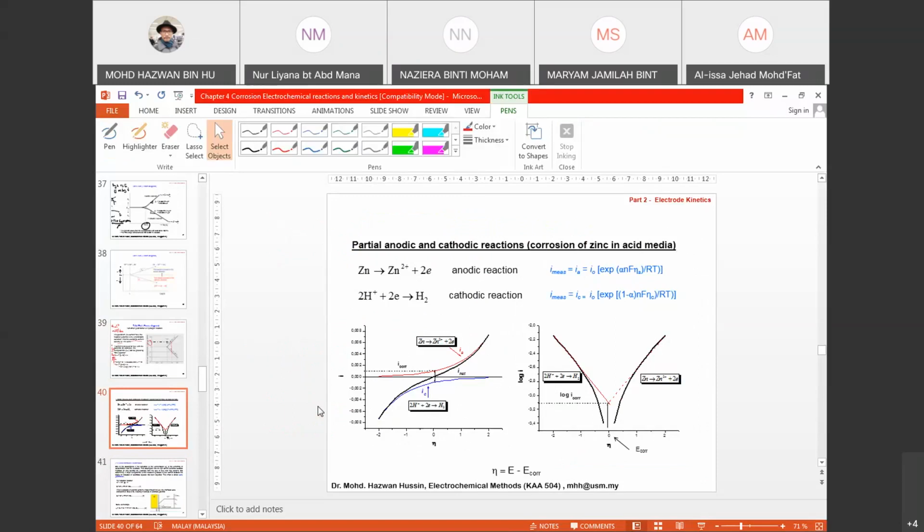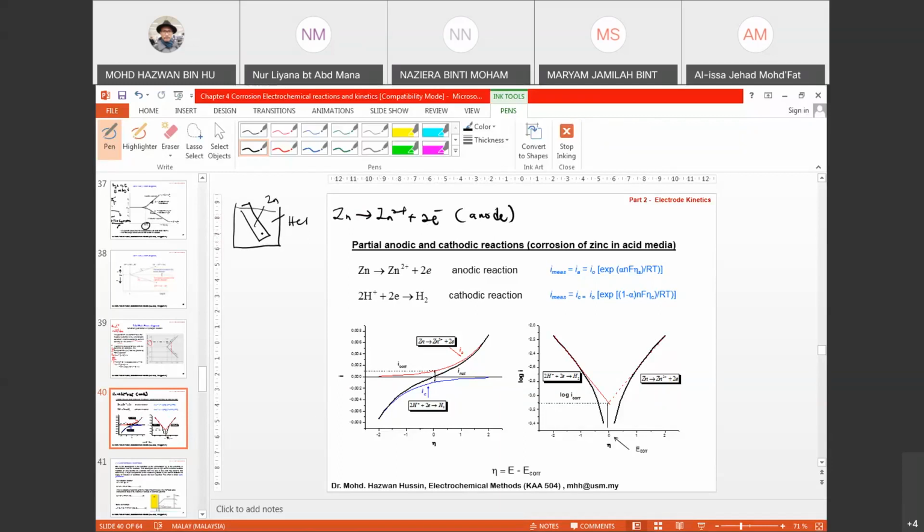So, the partial anodic and cathodic reactions of the corrosion of zinc in acidic media. How do we relate the corrosion of zinc in acid with polarization data? We imagine that we have zinc in an acid solution. The oxidation process, of course, will be the formation of zinc 2 plus and 2 electrons. This occurs at the anode.